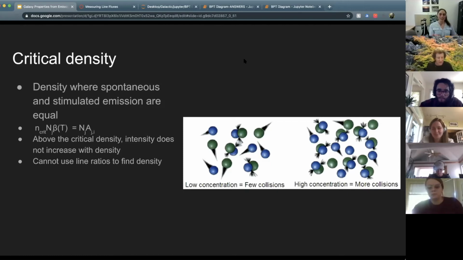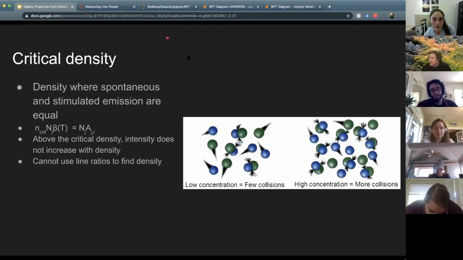So another thing that will potentially influence your measurement of density is making sure you stay below the critical density for your emission line, which is the density at which spontaneous and stimulated emission are equal.